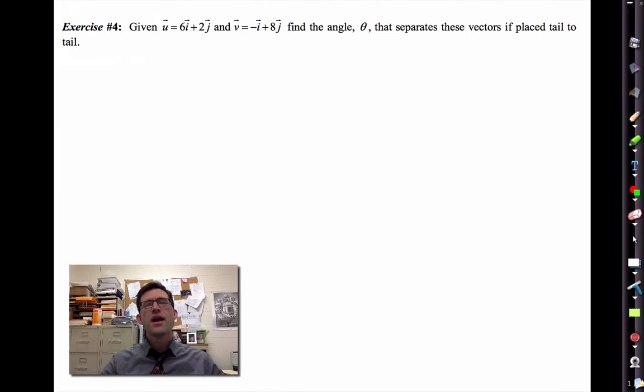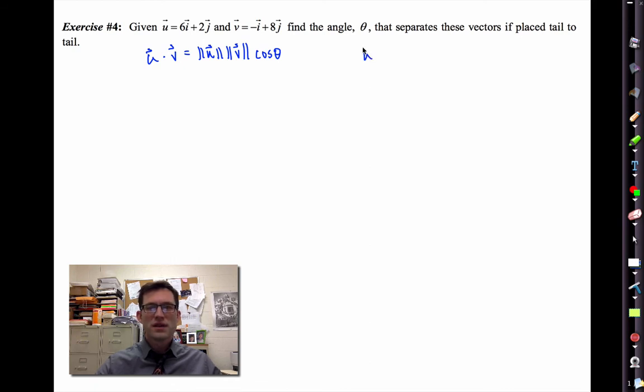All right. Now let's use the dot product a little bit. And this is so cool because now we have 2 ways to think about it, right? One way is this idea that u dot v will be the magnitude of u, the magnitude of v times cosine theta.